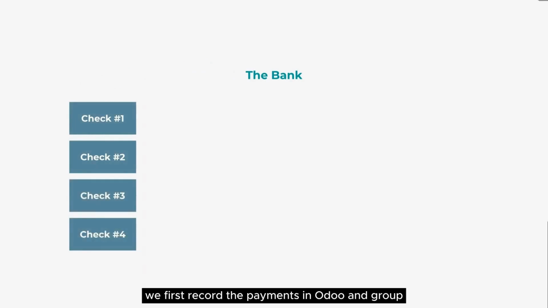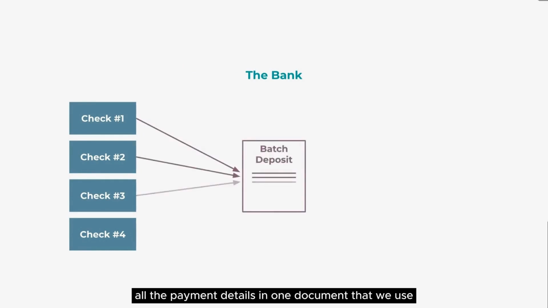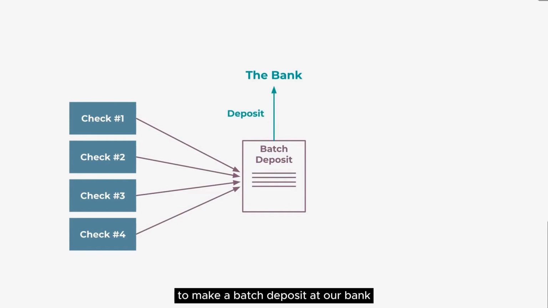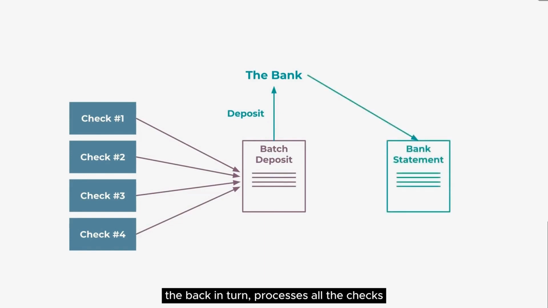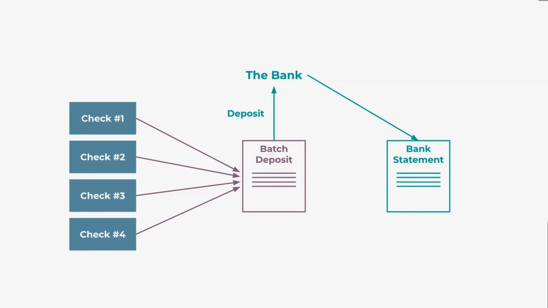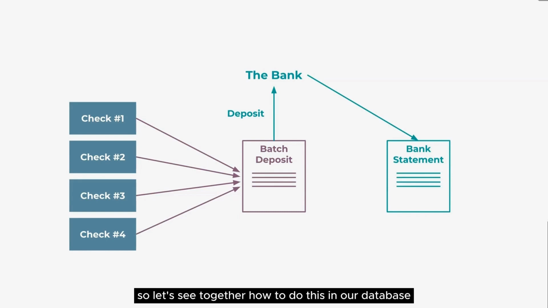We first record the payments in Odoo and group all the payment details in one document that we use to make a batch deposit at our bank. The bank in turn processes all the checks and groups them in a bank statement line that we can reconcile with the batch payment we made in one click. Very easy, very convenient. So let's see together how to do this in our database.